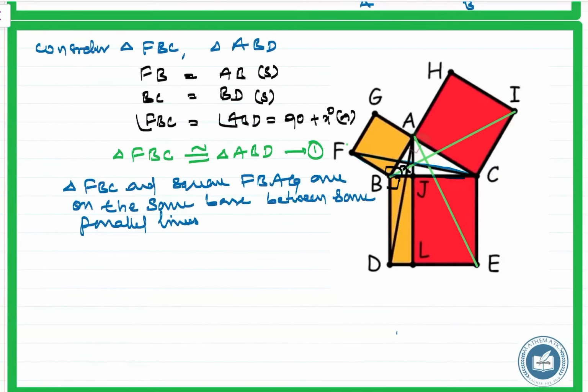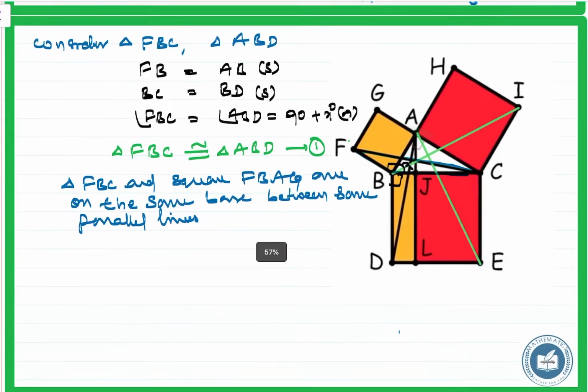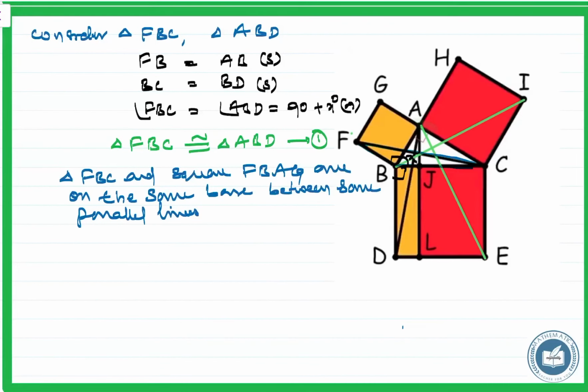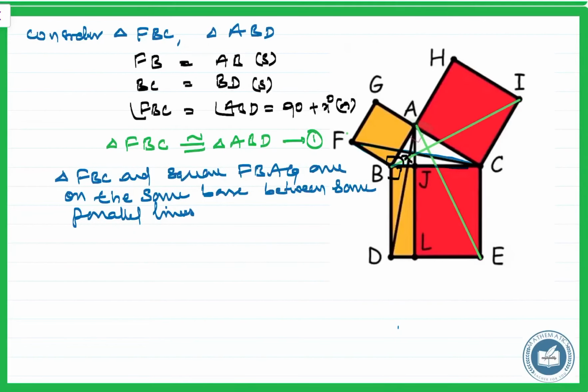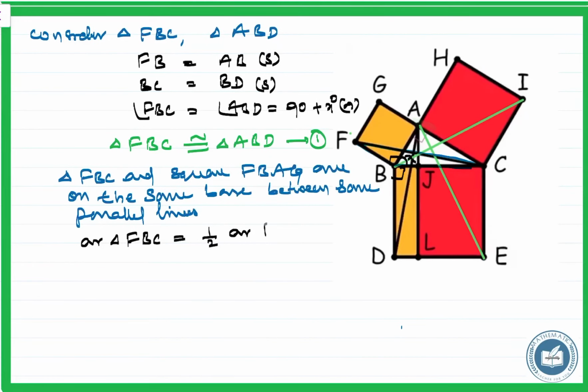So we can write: area of triangle FBC is half of the area of square FBAG. This one is 2.